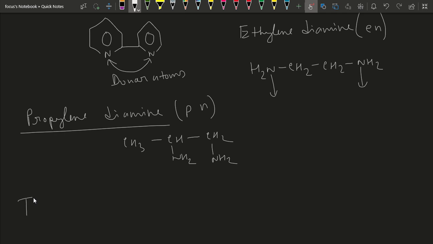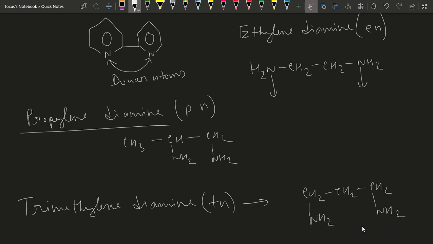Some other examples are trimethylene diamine, which is represented as Tn. The structure is, here also there are two nitrogen atoms which can donate electrons to the metal ion.